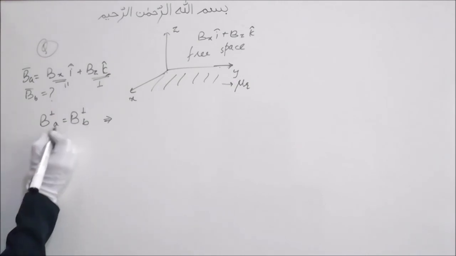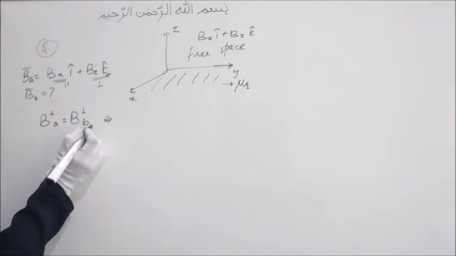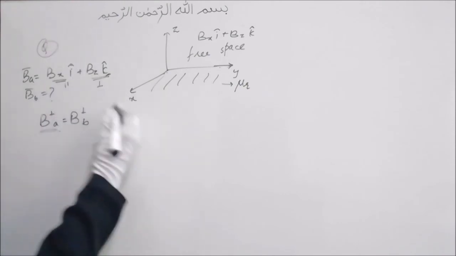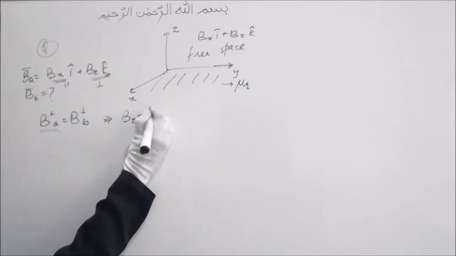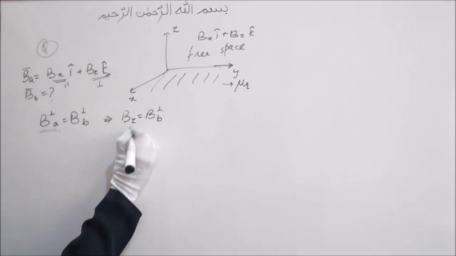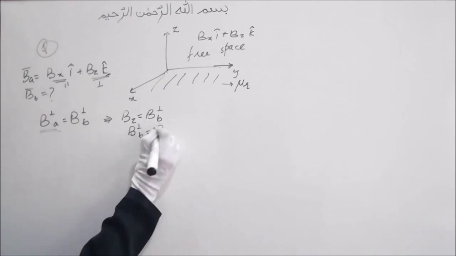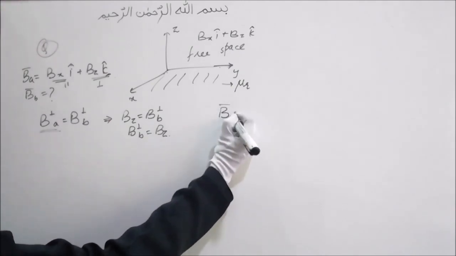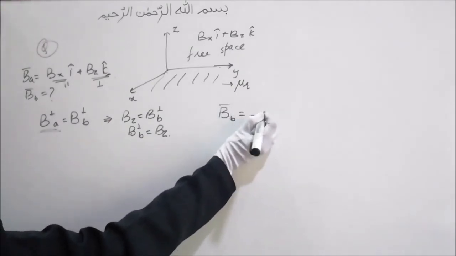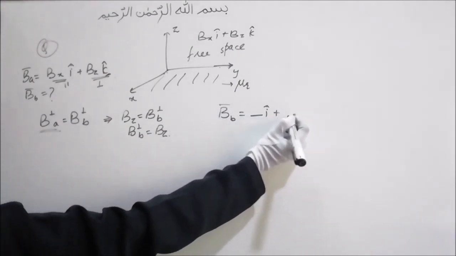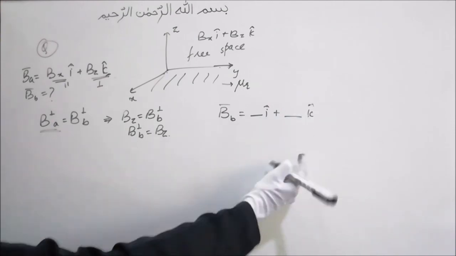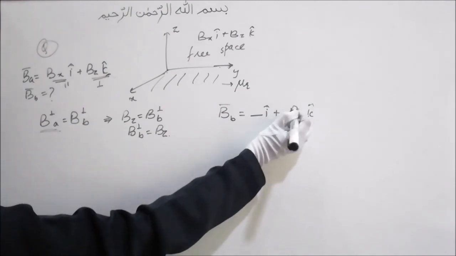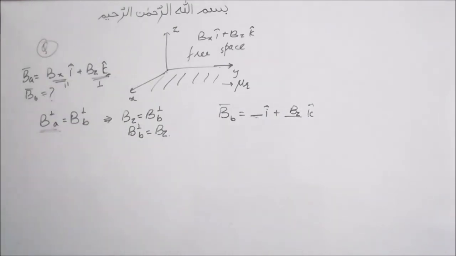Okay. So B perpendicular above is equal to B perpendicular below. What is the perpendicular component above is Bz. Bz is equal to B perpendicular below. Therefore, B perpendicular below is equal to Bz. So in this we are having some term into i hat plus some term into k hat. K hat is the perpendicular component, and that is Bz. Now we have to fill this part.